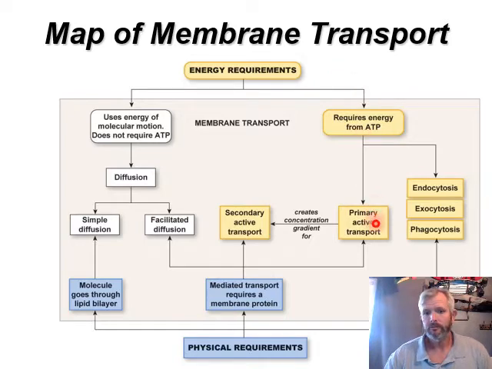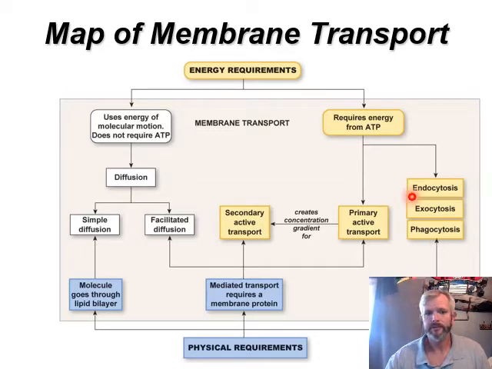Active transport has primary, secondary, and then we also have endocytosis, exocytosis, and phagocytosis. These all require energy. As physical requirements, with simple diffusion we can go directly through the lipid bilayer. For facilitated, secondary, and primary we have to use membrane proteins, and for endocytosis and exocytosis we have to use vesicles.